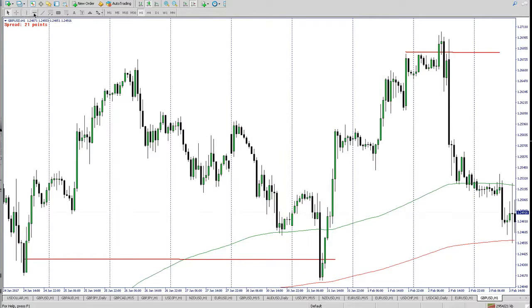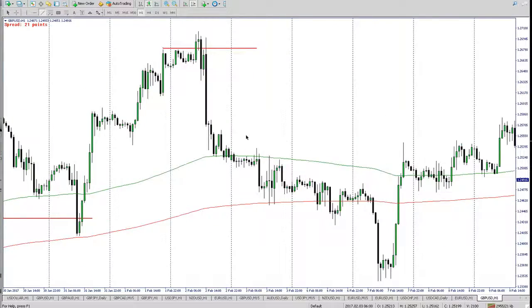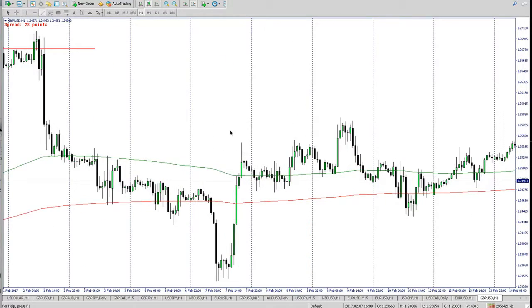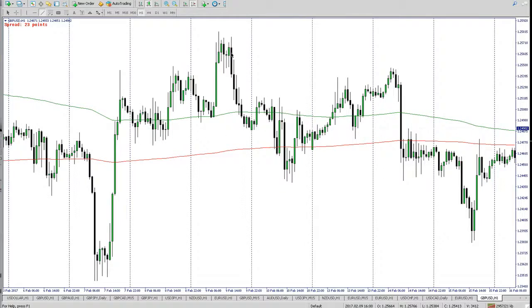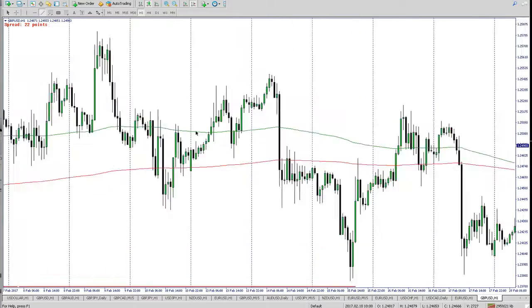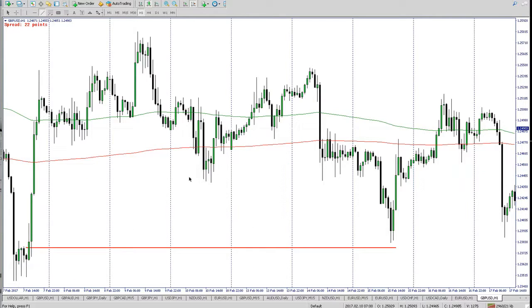Also, we've got a big distance away from the EMA here for a turtle soup, but it's more advanced. Not quite reached that one, but still. Probably lost money on this one.